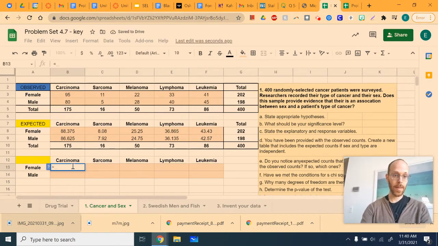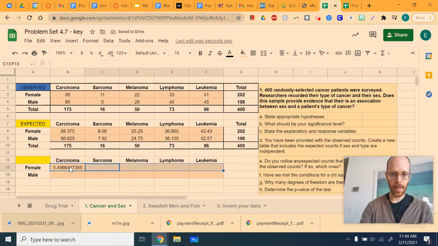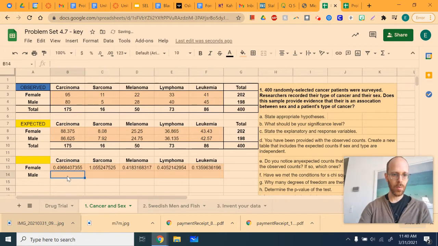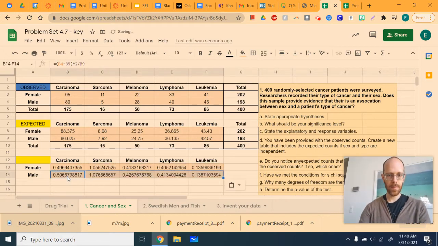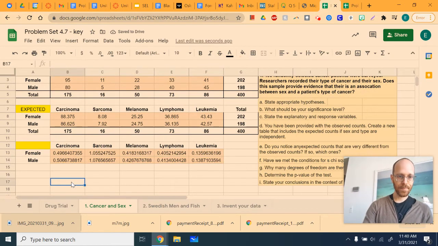So for instance, if I wanted the partial sum here, I would say it is equal to observed minus expected squared divided by expected. And then I could just take that formula and I could paste it into each one of these spaces. Okay, so there's our expected counts.